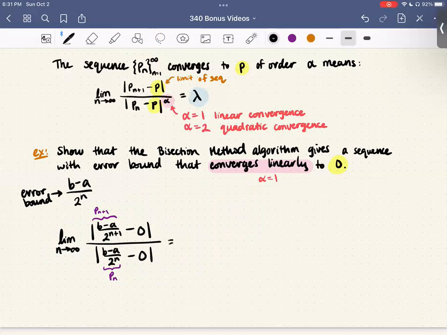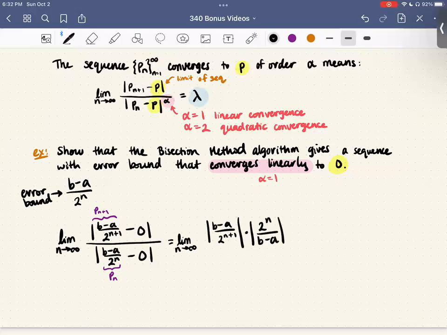Okay, so we have the limit as n goes to infinity of b minus a over 2 to the n plus 1 minus 0, so this is our numerator term, times this fraction in the denominator, and it's minus 0, so I can sort of ignore this part. I'm not really changing anything. Because I have a fraction in the denominator, I am going to take the reciprocal and multiply. So I have times 2 to the n over the absolute value of b minus a.